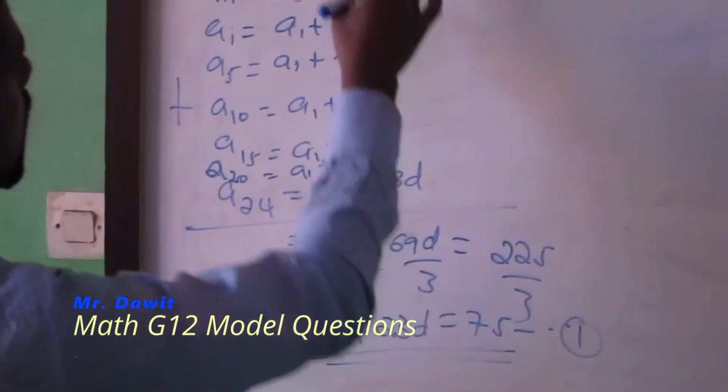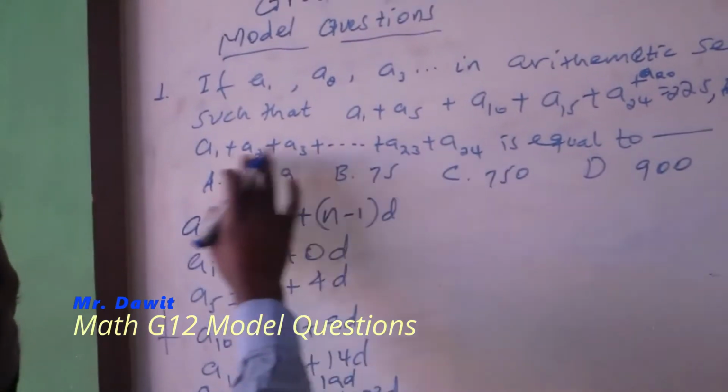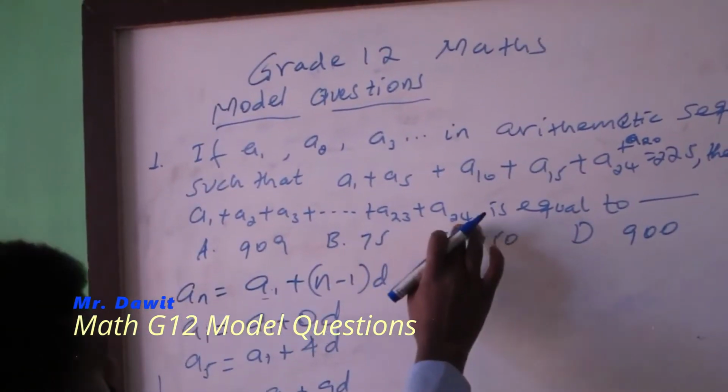And we are going to find the sum of all the terms starting from 1 up to A24.